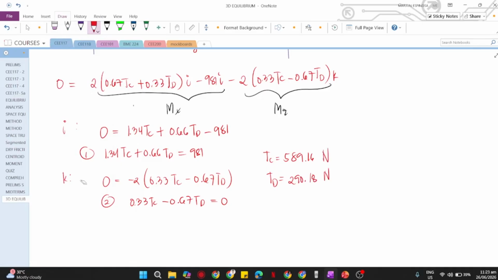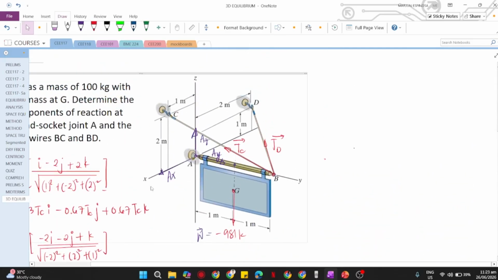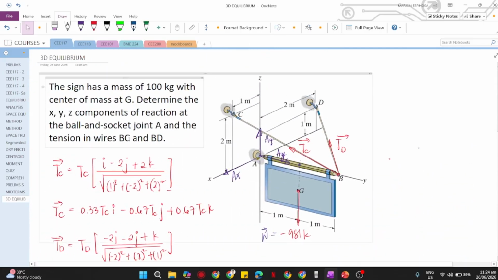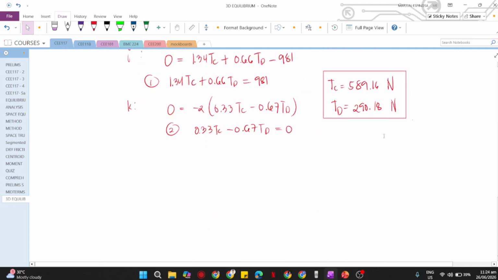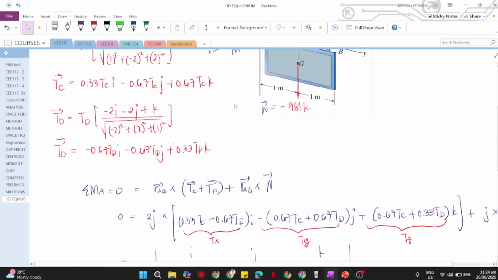So these are the values of the tensions, some of the unknowns that we were asked to find. These are the tensions in wires BC and BD. So we'll leave it here for now because we still need to solve for the values of AX, AZ, and AY.